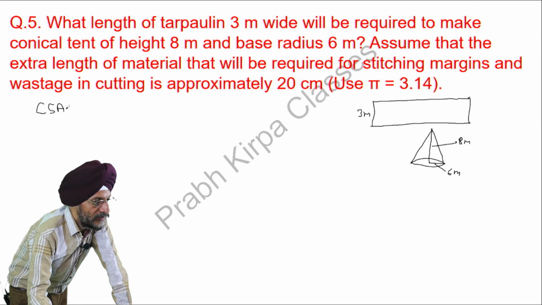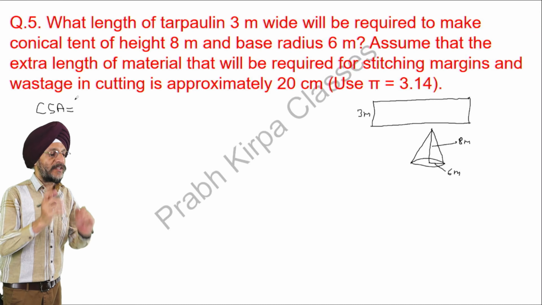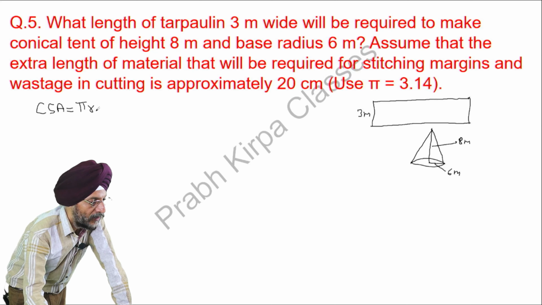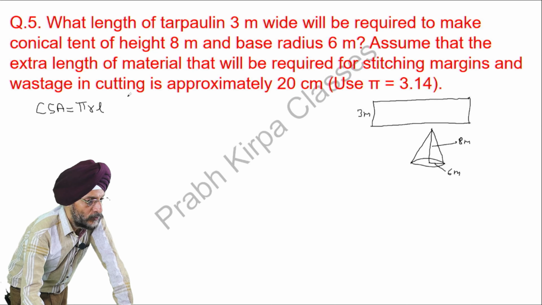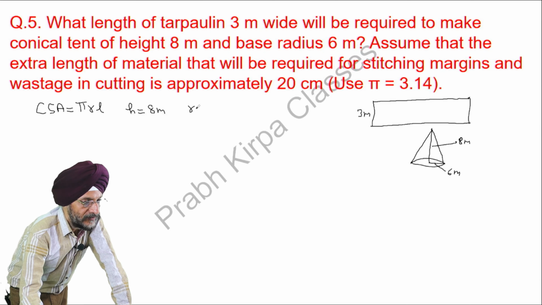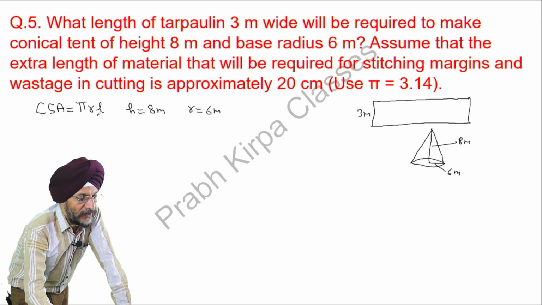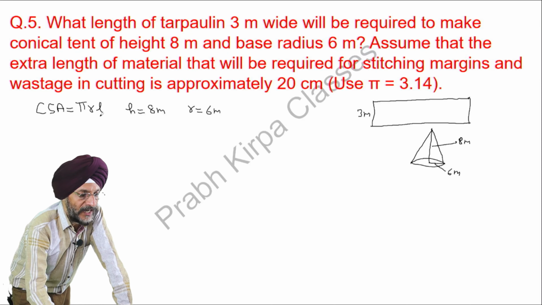Now what is the formula for finding out the curved surface area? It is pi RL. The values which have been given to us are height is 8 meter, and base radius, that is radius, is 6 meter. To find out the curved surface area, we will have to find out the value of slant height.